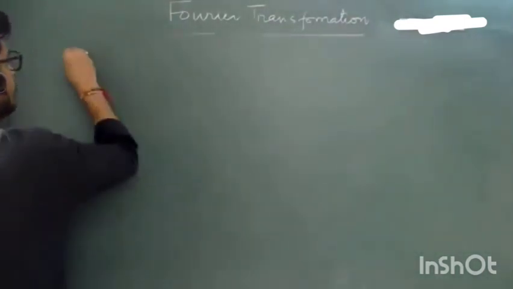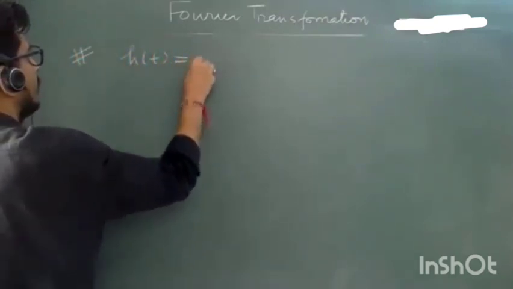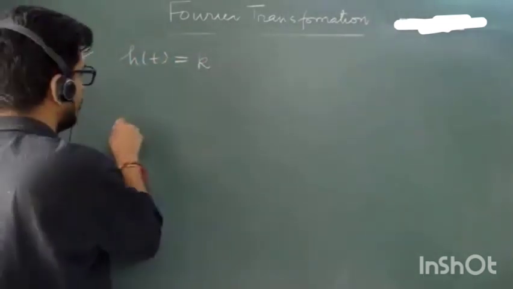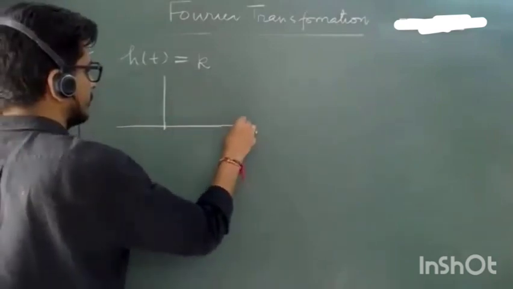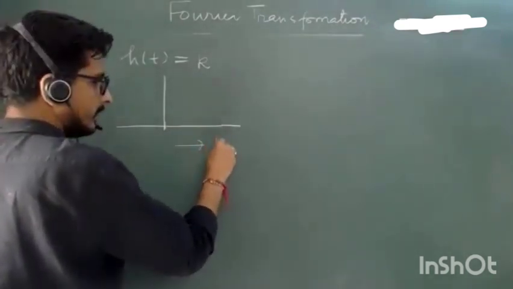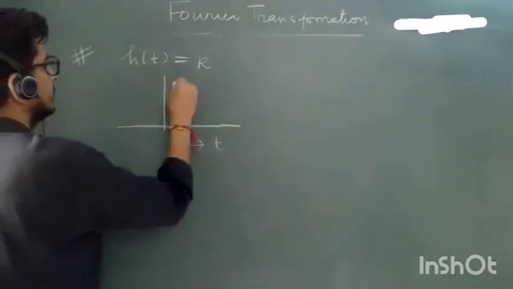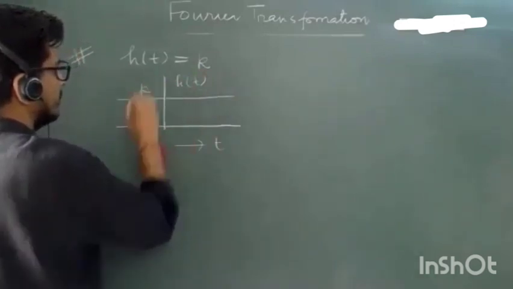Suppose we have a function like this, h of t is equal to k. How will this plot look? This is t and this is h of t, and this is k.